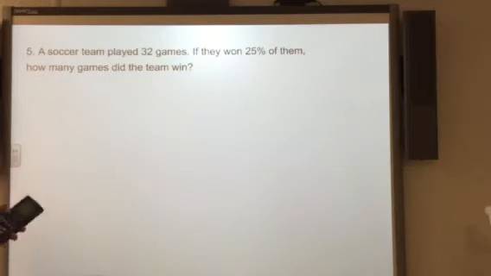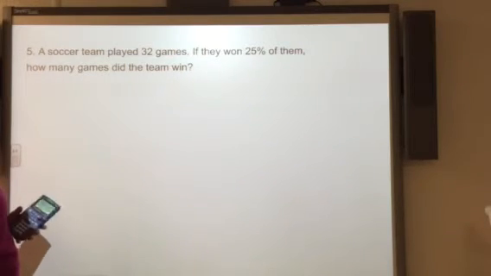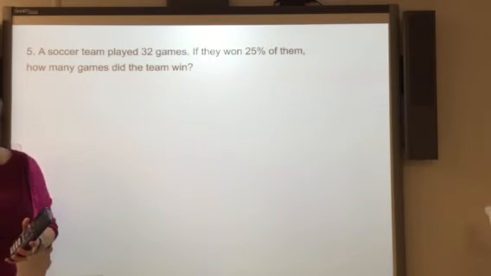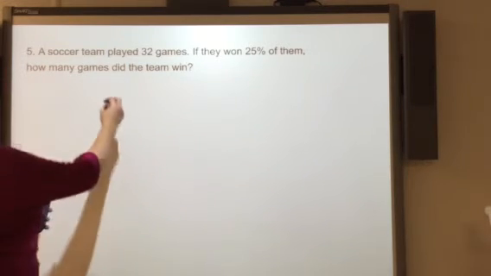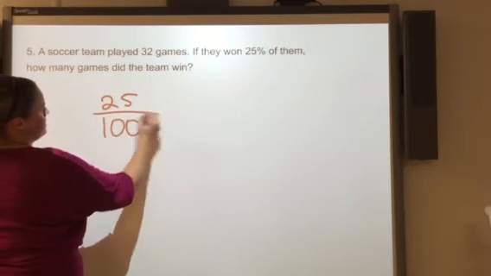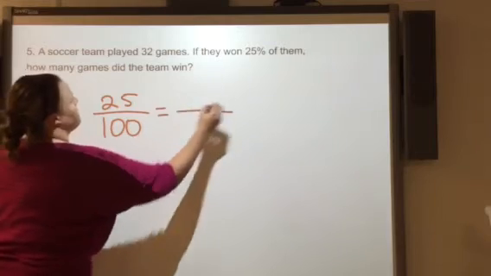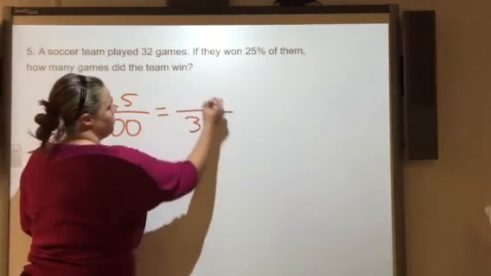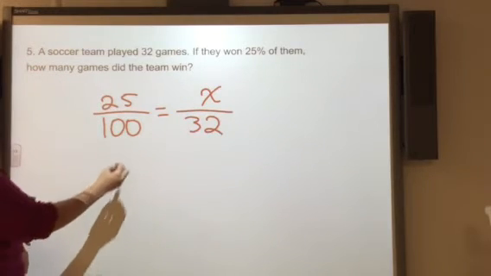Number 5, a soccer team played 32 games. If they won 25% of them, how many games did the team win? So we have 25% over 100, and then 32 games. So we want to know how many they won of those games.